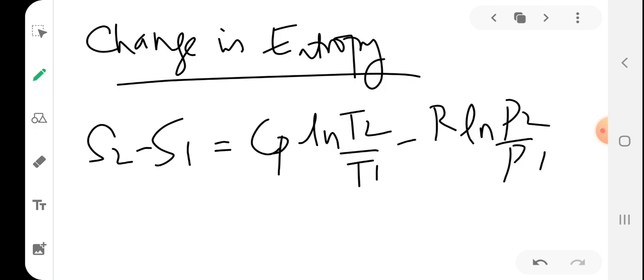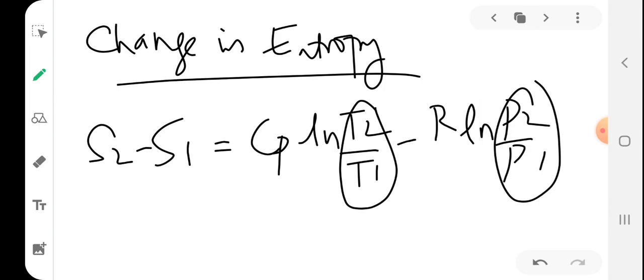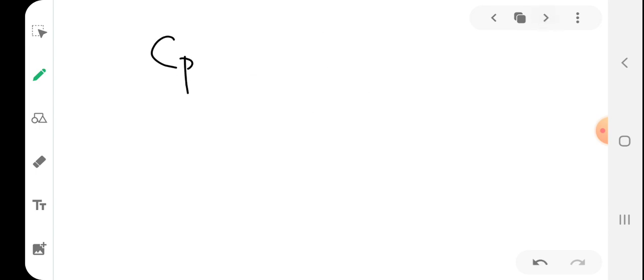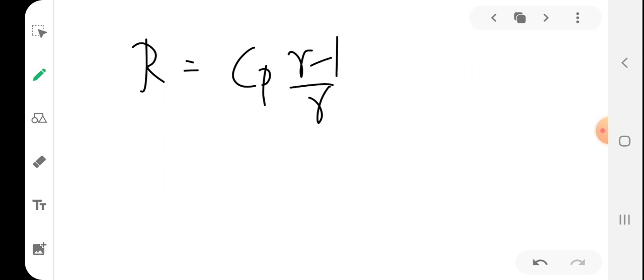But we have already found the ratios T2 by T1 and P2 by P1, right? And you know the relationship that R can be written as Cp into (gamma minus 1) by gamma, right?